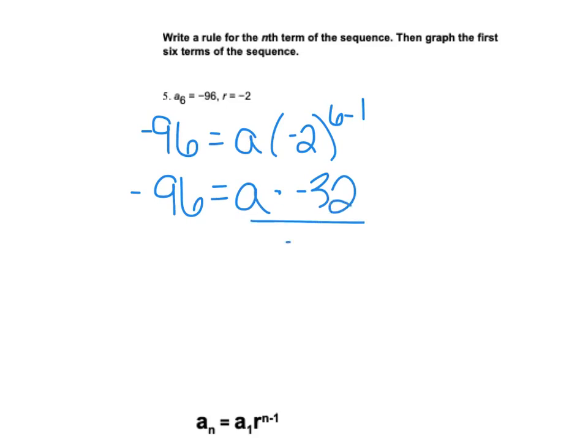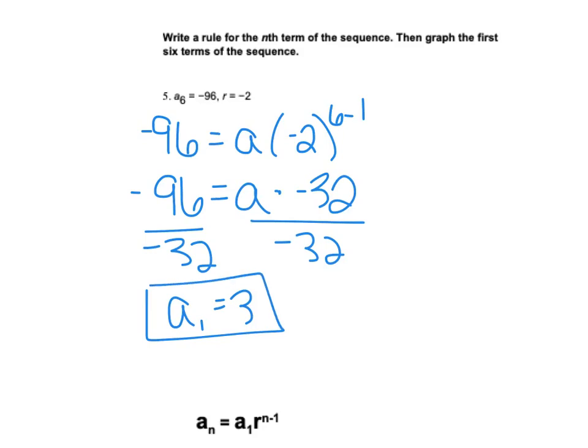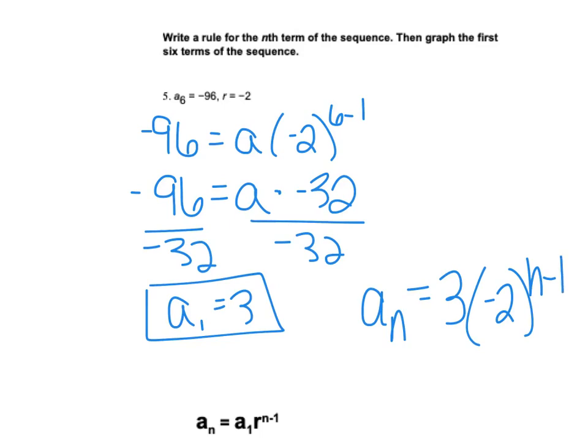So we're going to divide both sides by negative 32, and we get that a sub 1 equals 3. Once we have our a sub 1, then we're going to write our rule: a sub n equals 3 times our ratio, which is negative 2, to the n minus 1.